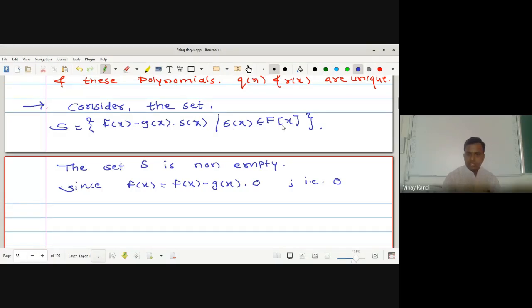Does this zero polynomial belong to capital F of x? Yes. Why? Because F of x is the ring of polynomials. So the set S is non-empty, because f of x equals f of x minus g of x into 0, where this element belongs to F of x. That's why the set S is non-empty.